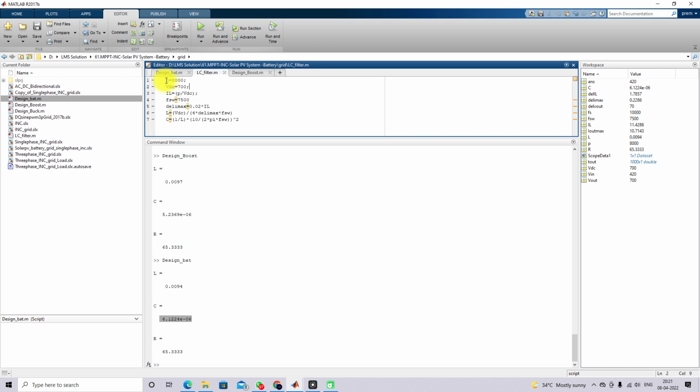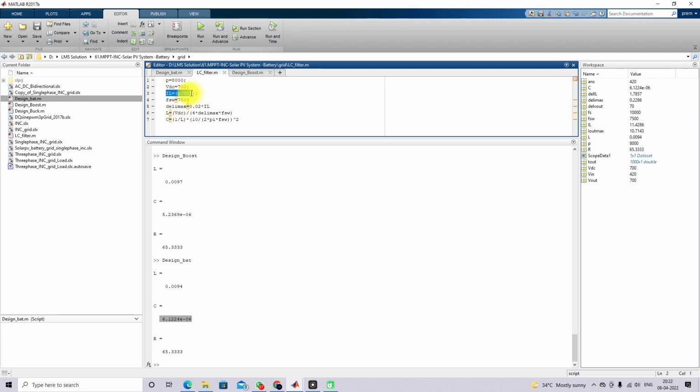That means I am going to consider the power rating for that LCL filter as 8000. I am going to take the power rating slightly more than the solar PV. The actual power rating of the solar PV is 7500, so here I am going to consider 8000, and the DC link voltage is 700.